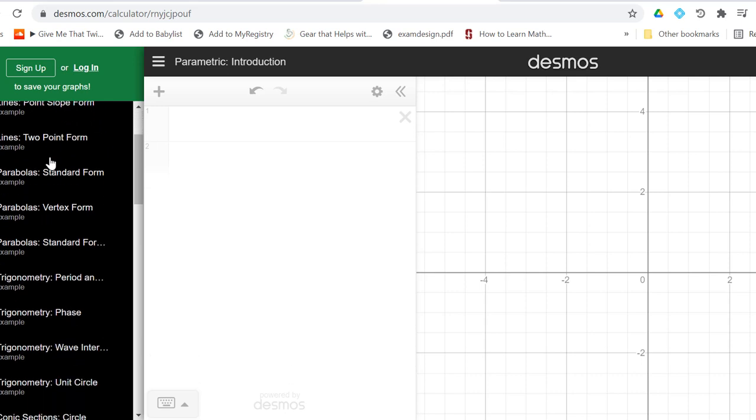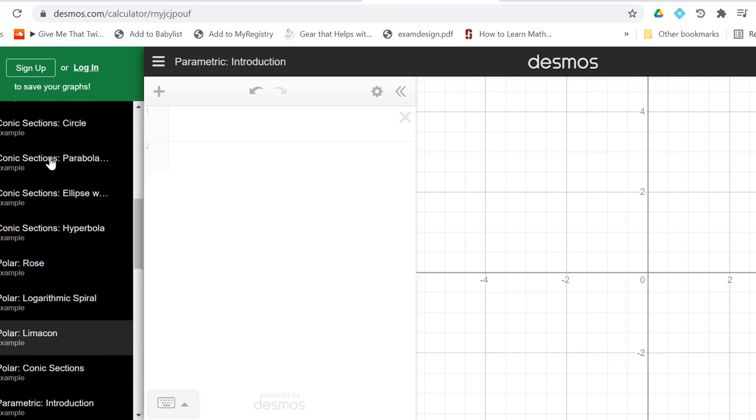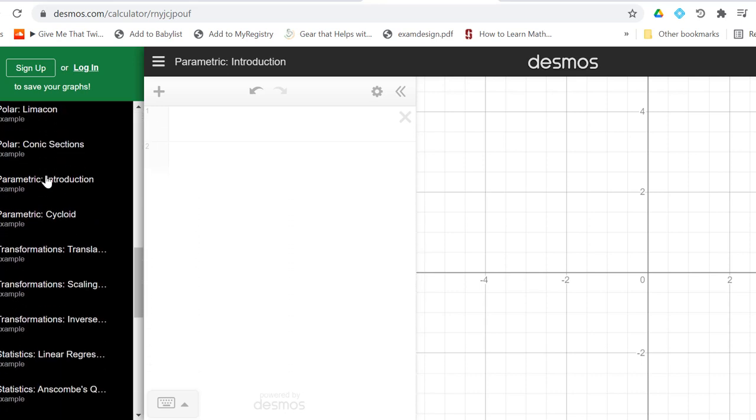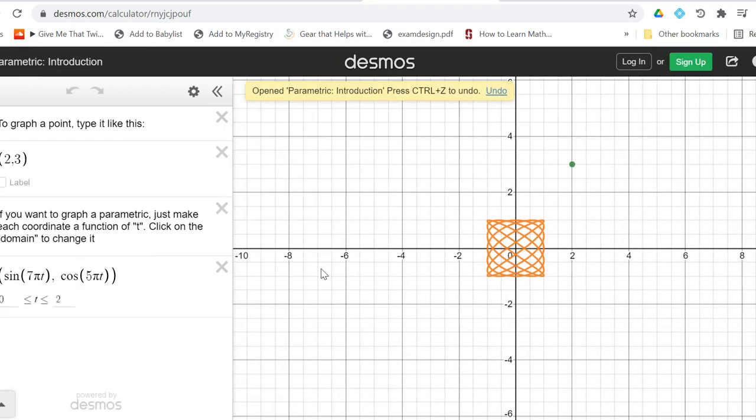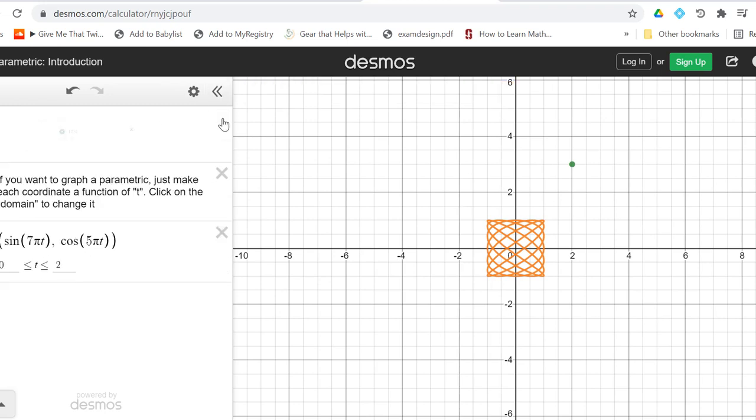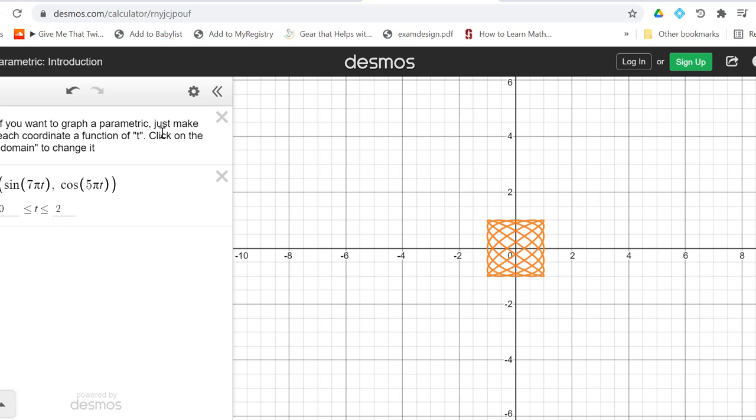And the cool thing about the examples is it tells you how to type things in. So I'll usually go down to the parametric introduction, and I'll open the graph, and what it's just doing is modeling how you type things in. So I don't need to see this direction, I don't need to see that direction. If I want to graph a parametric, just make each coordinate of the function t and then click on the domain to change it. So this is where I'm going to put my x equation.